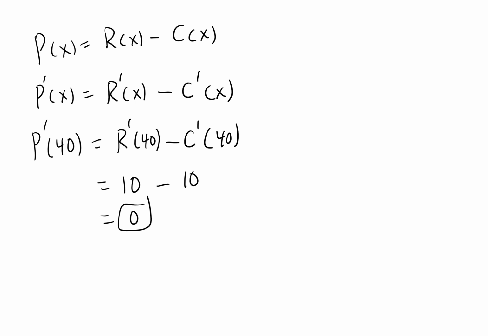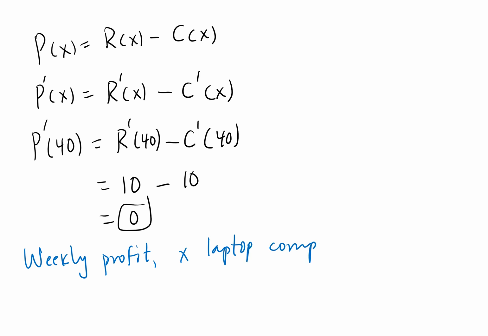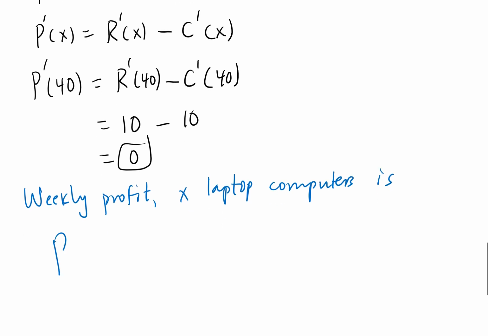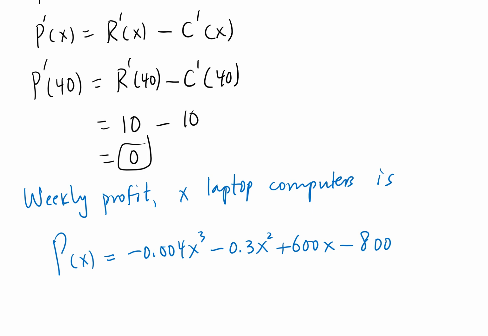Going to go over another example. This talks about the weekly profit for producing x laptop computers, given by P of x equals negative 0.004x cubed minus 0.3x squared plus 600x minus 800.